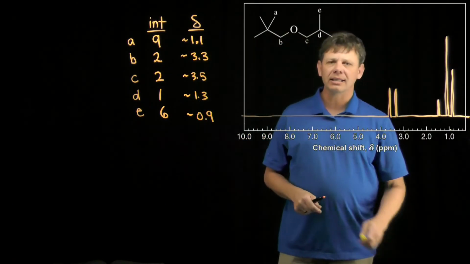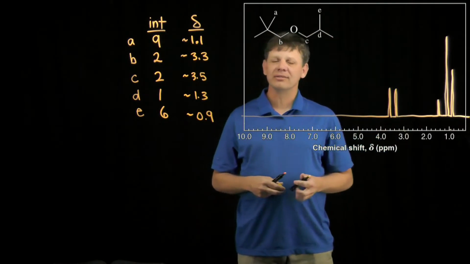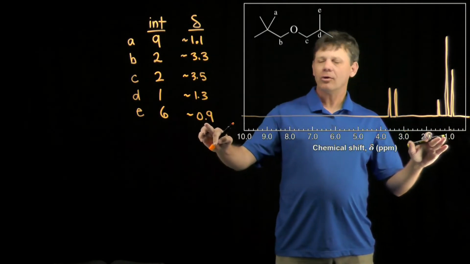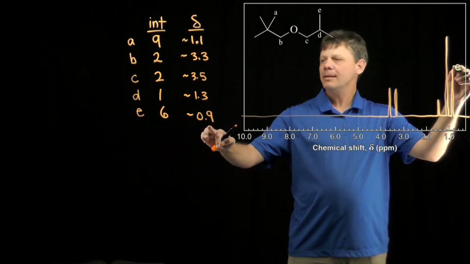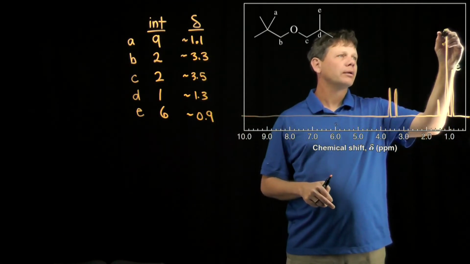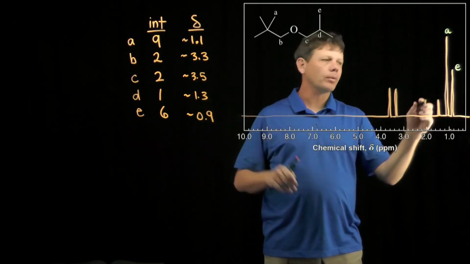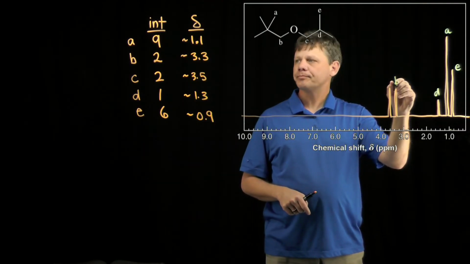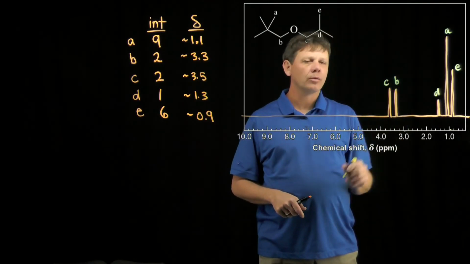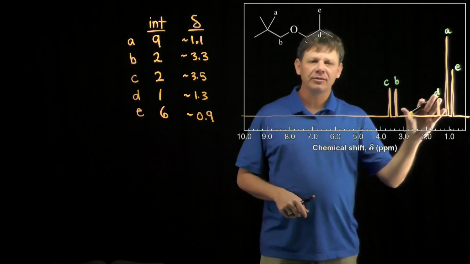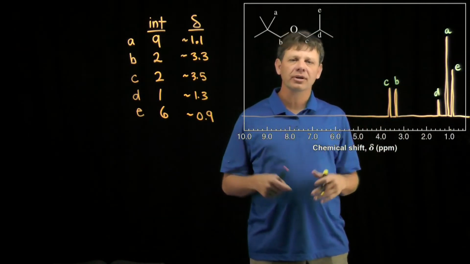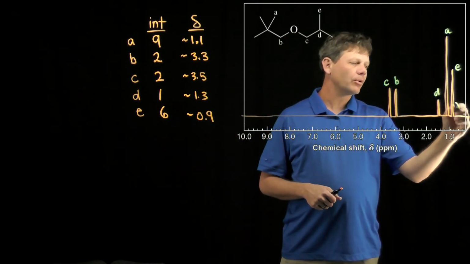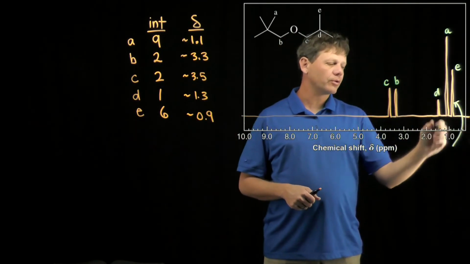Now we should go ahead and label the peaks 2 different ways. Let's label them as A, B, C, D, and E just to make sure that we're all on the same page. So we said that this one was E, the one at 1.1 was A, the one at 1.3 was D, 3.3 was B, and 3.5 was C. Now, I've drawn these signals to represent the relative integral values, but let's go ahead and label those integral values just so there's no confusion.